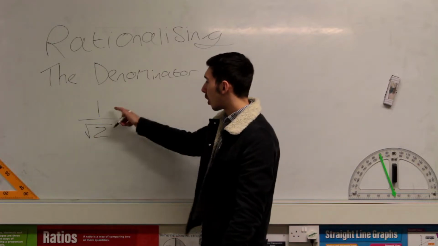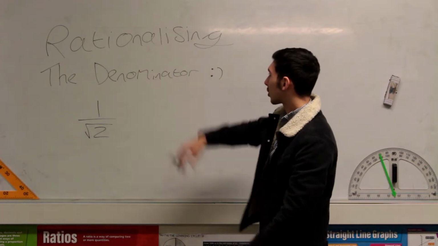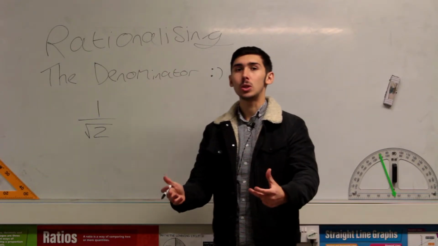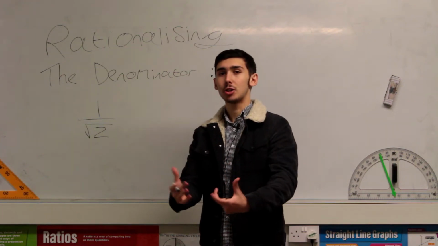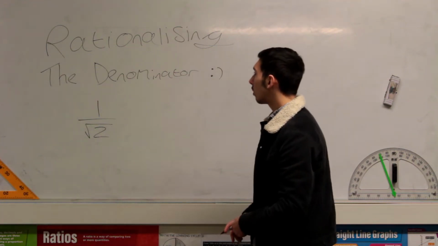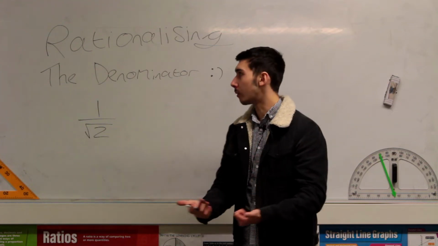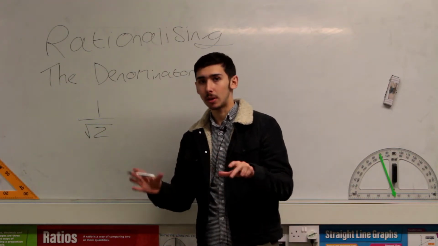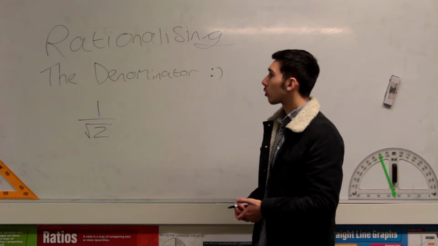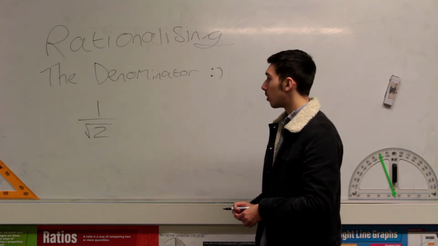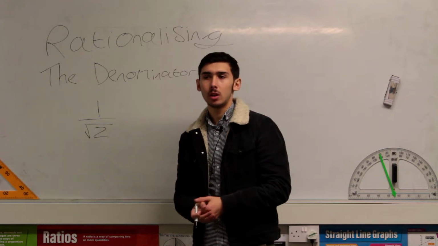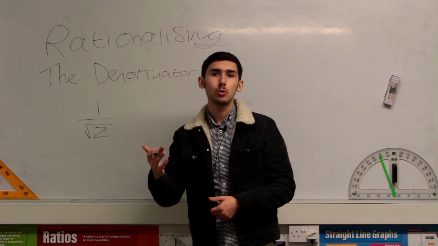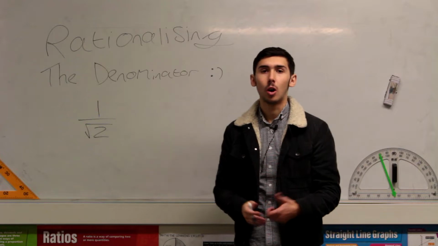Not helpful. So what we do with rationalizing the denominator is we make it rational. We rationalize it. Now, where does this word rational come from? There are two types of numbers. There are rational numbers, so whole numbers are rational. Numbers that you can express as a fraction are rational.